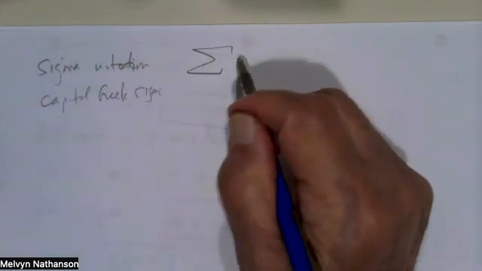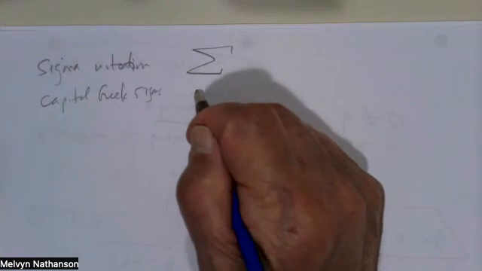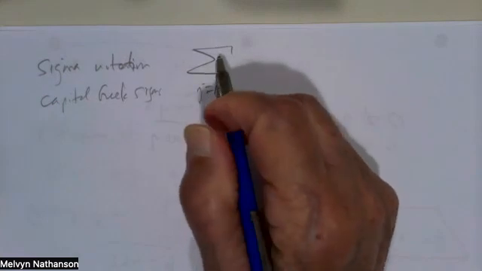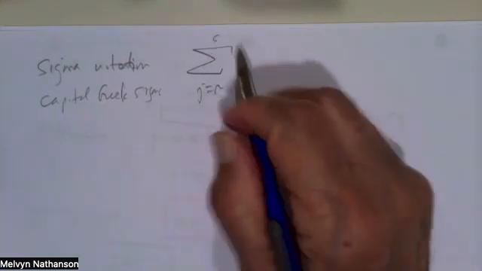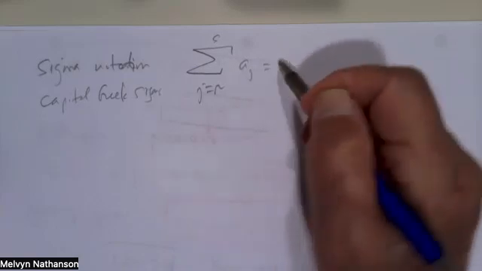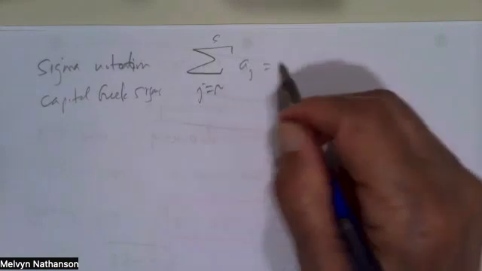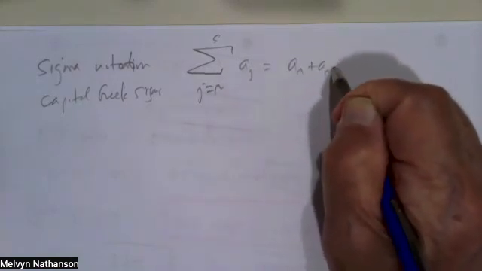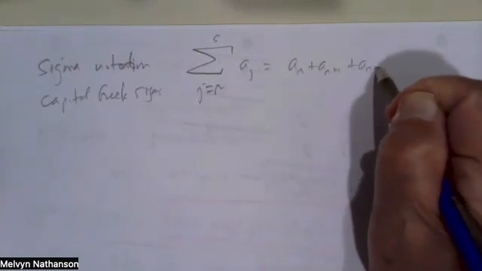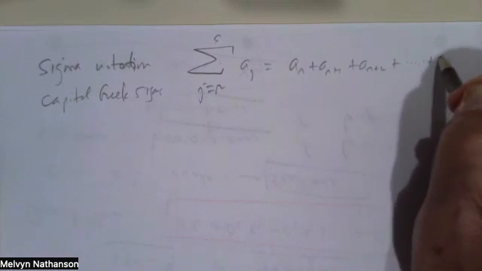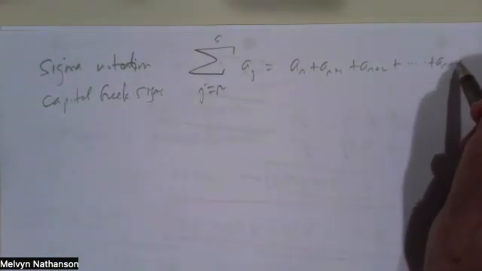And if you write sigma, let's say j goes from r to s, a sub j, this means you sum this quantity a sub j from r to s: a sub r plus a sub r plus 1, a sub r plus 2, up to a sub s.